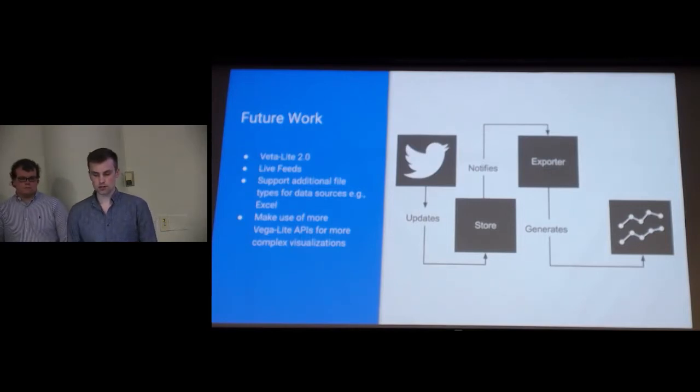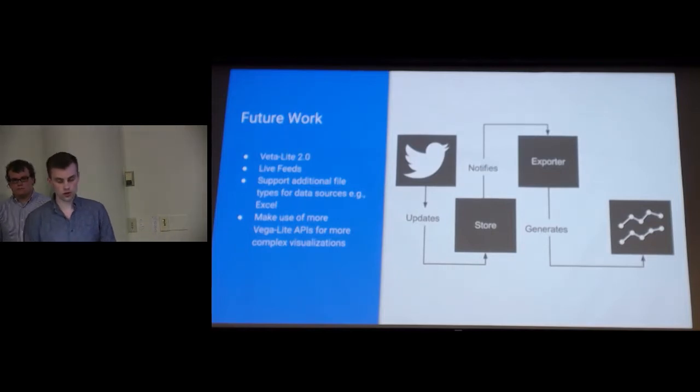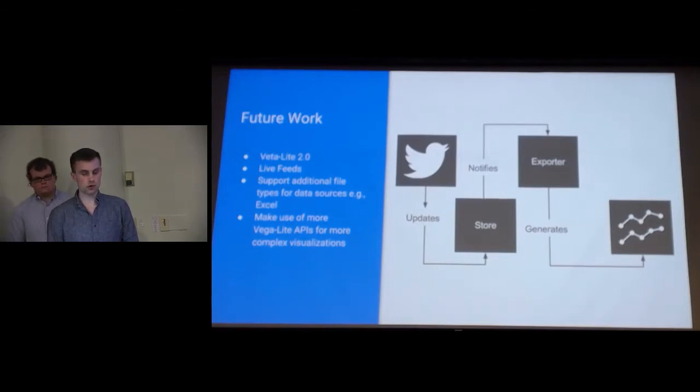Live updating is something we support, however, we never take advantage of it, and we'd like to show how this feature could be used to integrate with an API such as Twitter. We also wrote CSV and SQLite adapters for reading in data, however, we'd also like to add support for more data types. And last, we'd like to support more complex visualizations, such as multi-layered graphs. We currently do not.